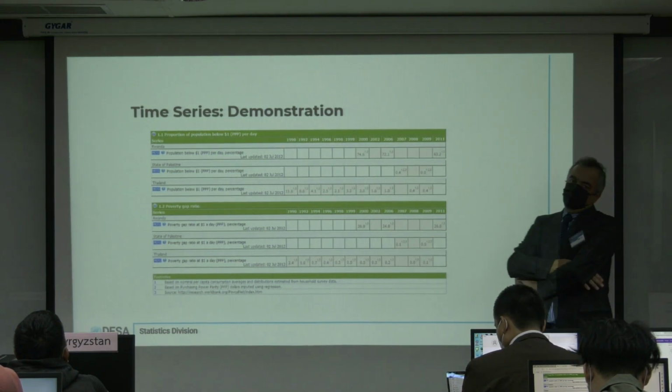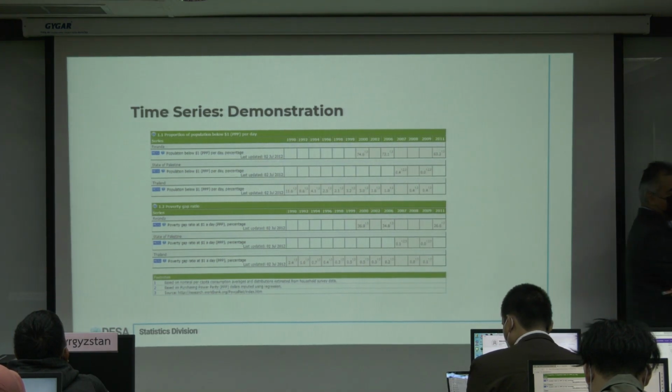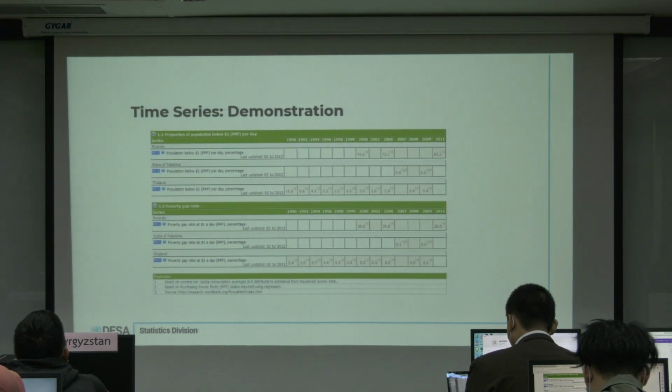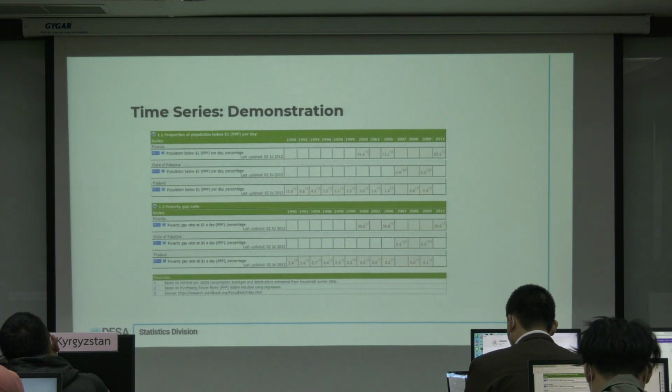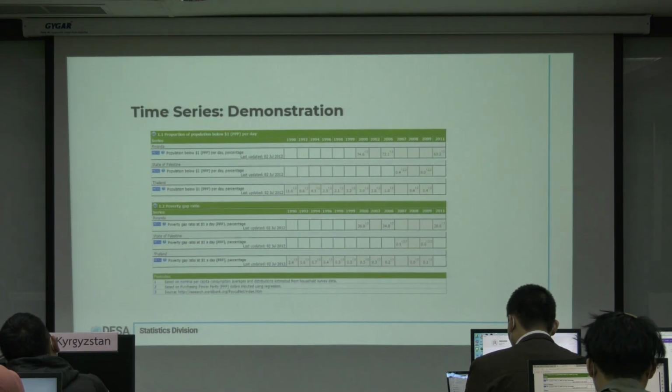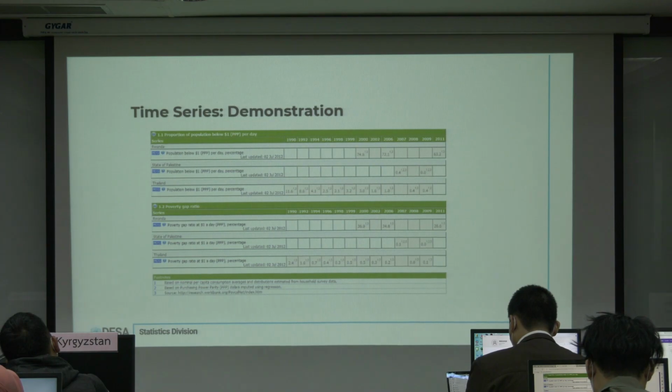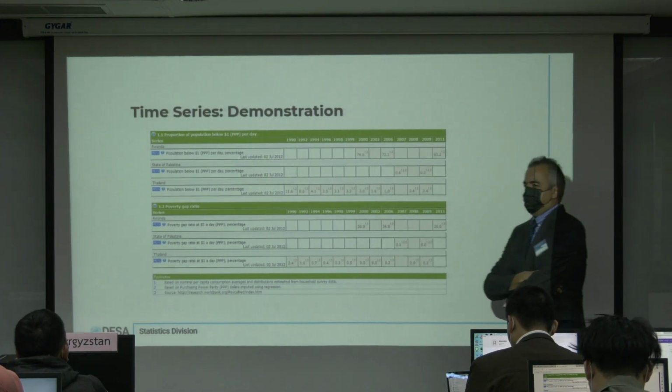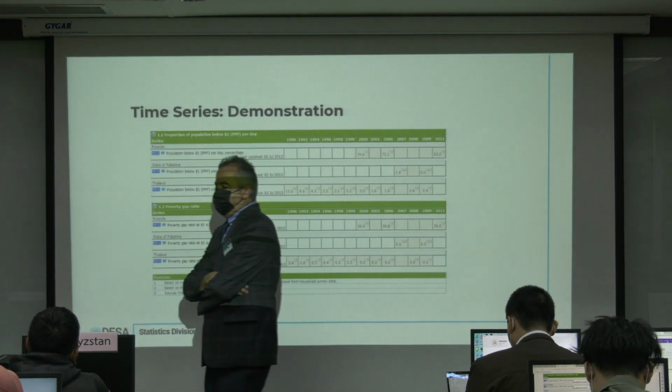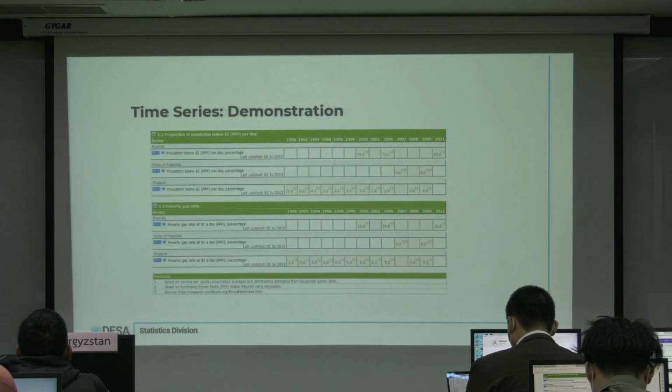Is this clear? I hope it's clear, because it wasn't clear to me when I was starting to study SDMX back in 2007 or 2008. I couldn't get around this concept, because it wasn't explained properly.